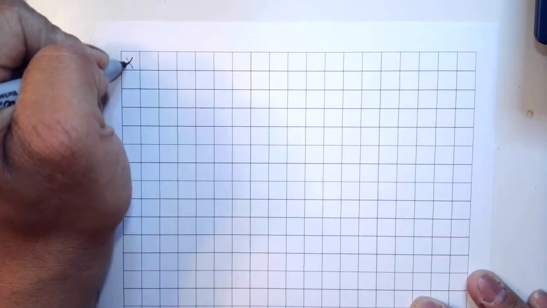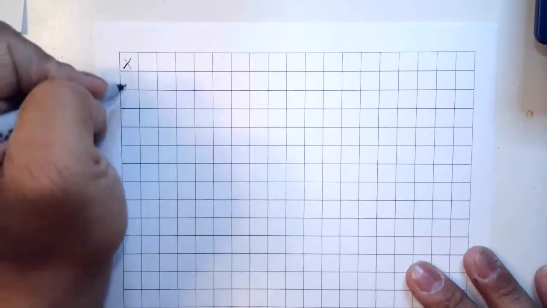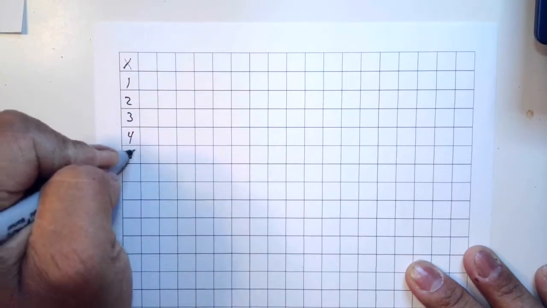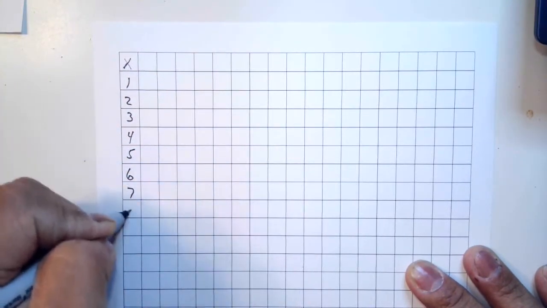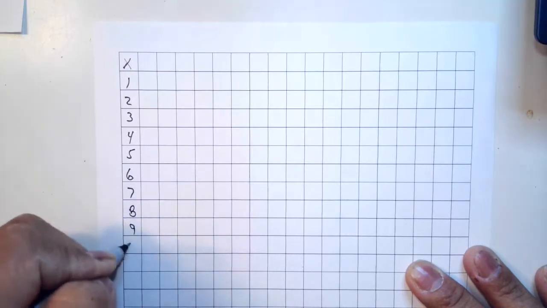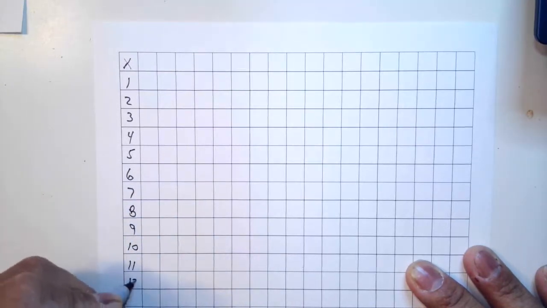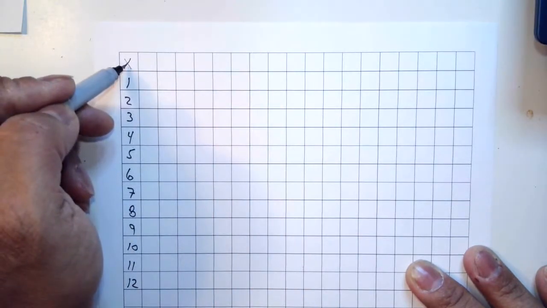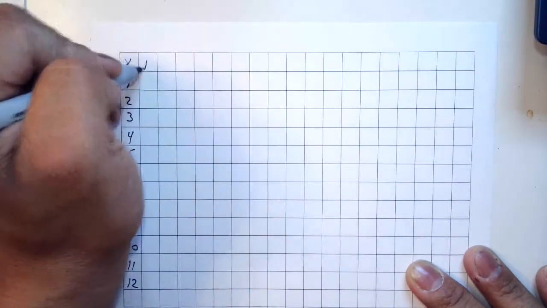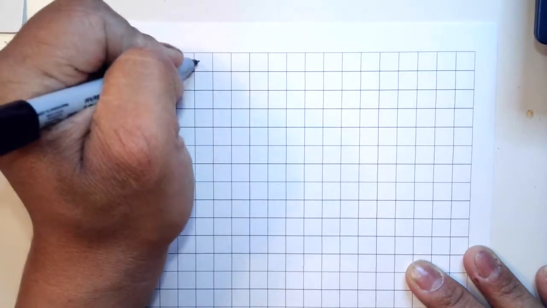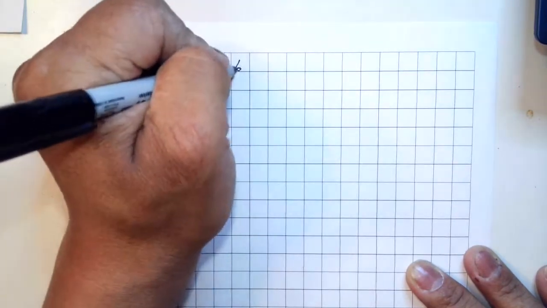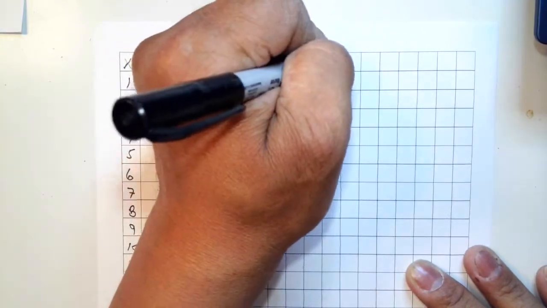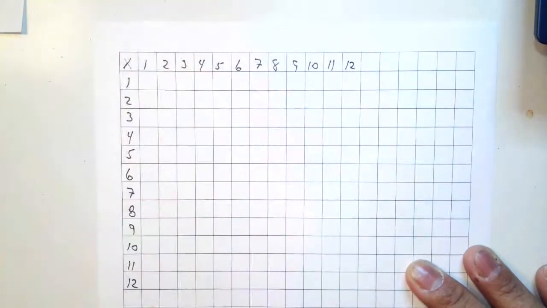Okay, so the first step is right here on this corner. You're going to put the multiplication sign. And then from here, we're just going to start 1, 2, 3, 4, 5, 6, 7, 8, 9, 10, 11, 12. Then we're going to be going across. Starting with the multiplication sign, we have 1 through 12.